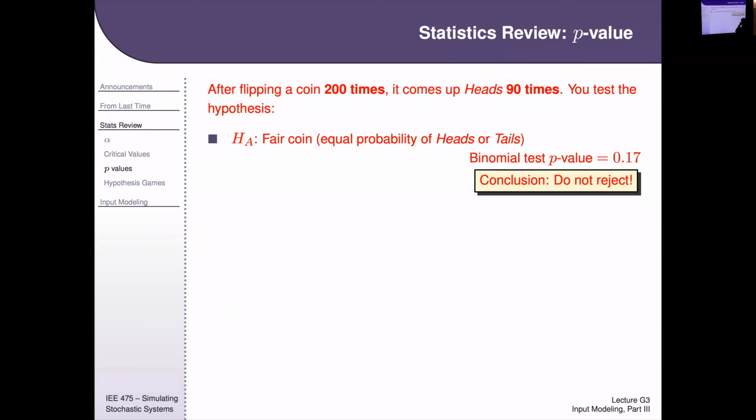Now, to flip that on its head, imagine I flip a coin 200 times, it comes up heads 90 times. Well, under the null hypothesis of a fair coin, the p-value I get is 17%. And I say, all right, 17%, that is higher than my alpha, do not reject the fair coin hypothesis.